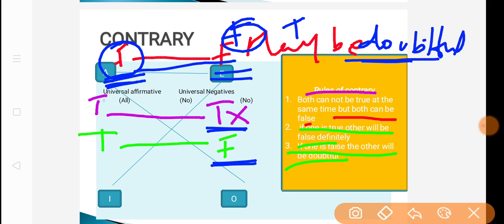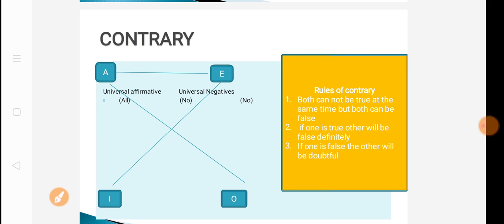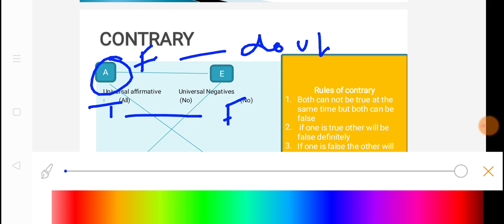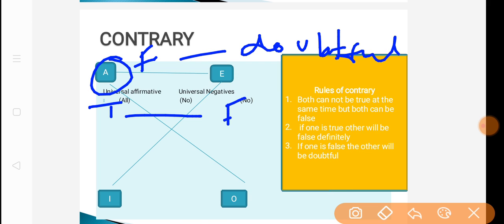I'm removing all this from this slide and simply: if one is true, the other will be false. If any of the statements is false, then the other will be doubtful. That's it. I think now it's clear for you.